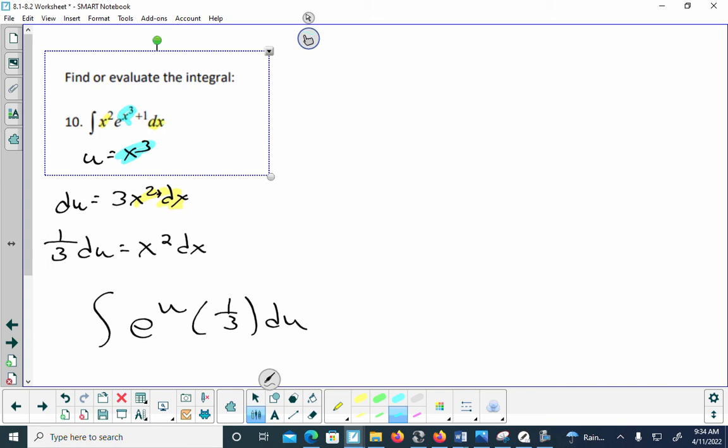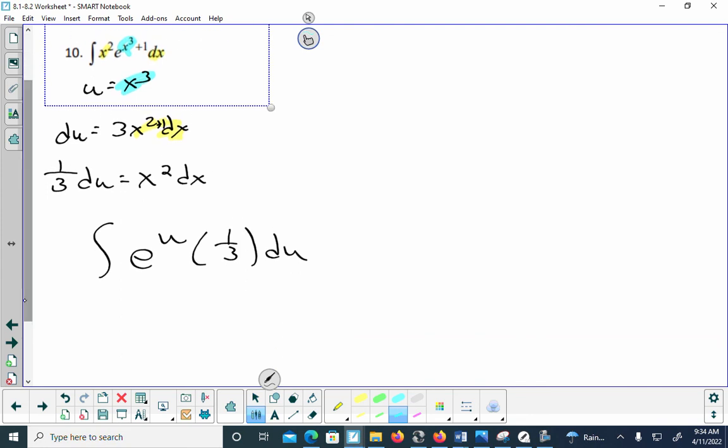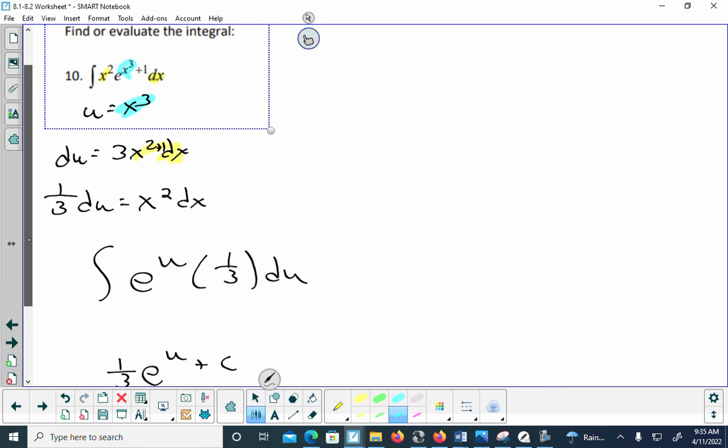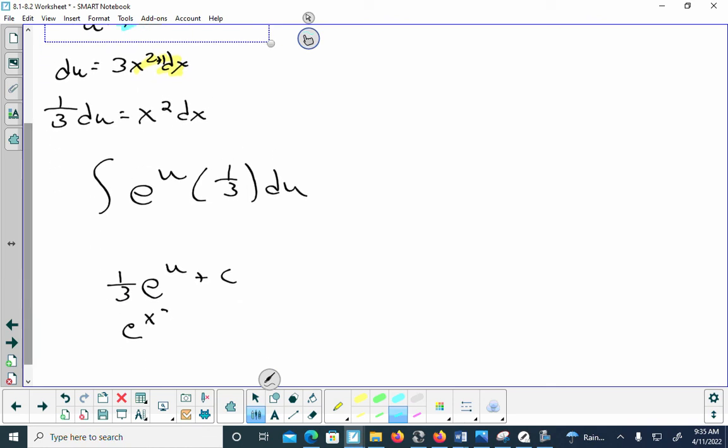The integral of e to the u is just e to the u, so this is 1/3 e to the u plus c. So now I'm going to substitute back in, so I'm going to have e to the x to the third plus 1 plus c, and I'll put this all over 3.